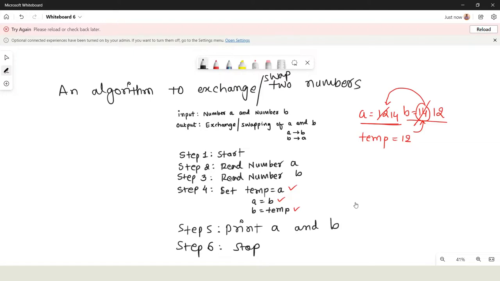If you have any doubt or any suggestion for this algorithm, then you can write in the chat box.